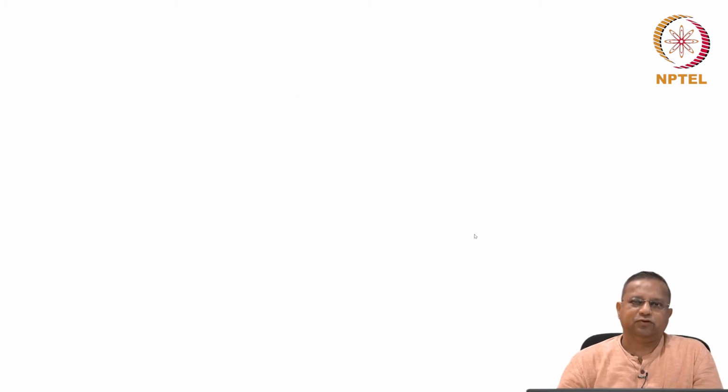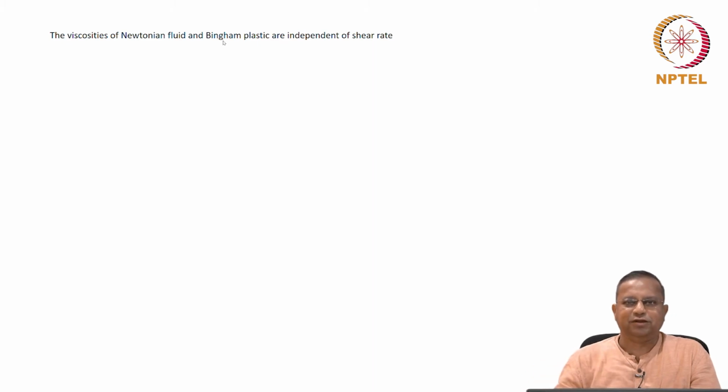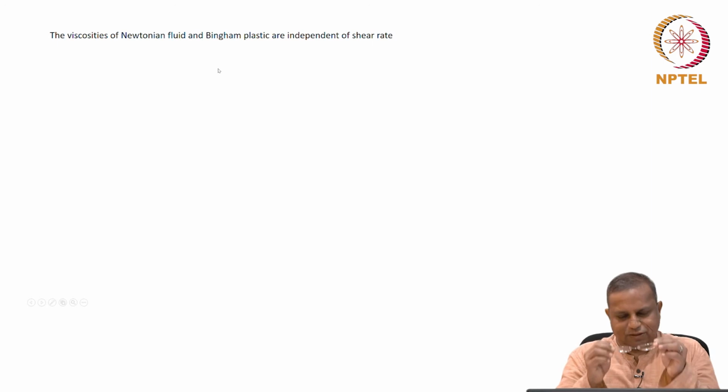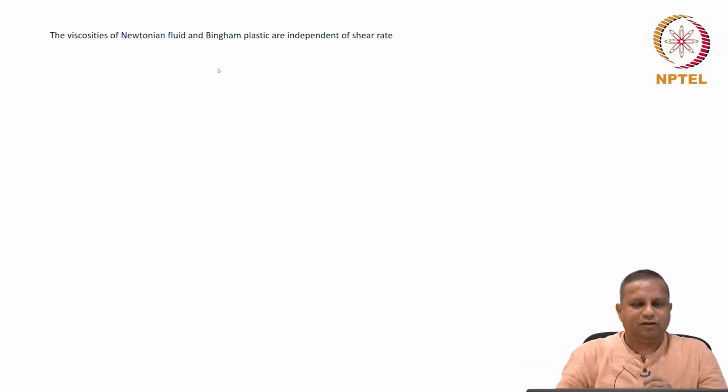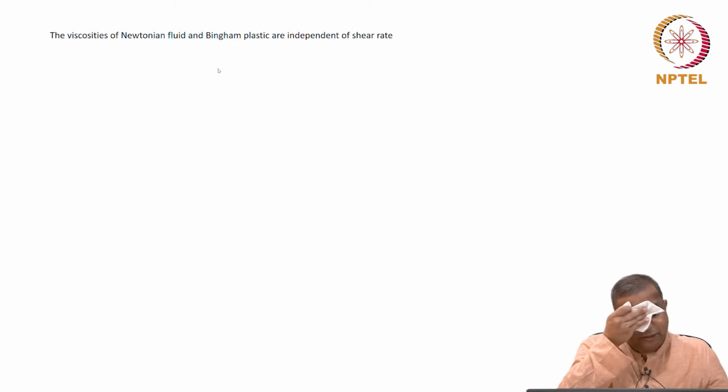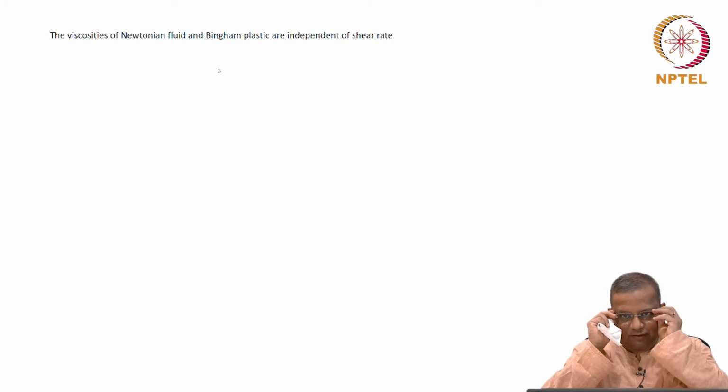Okay. So, we saw a Newtonian fluid and a Bingham plastic. Those are not the only ones there. There are many more complex fluids in nature. Blood is a very complex fluid. The viscosities of Newtonian fluid and Bingham plastic are independent of shear rate. They were constants. They were not dependent on the shear rate. However, the viscosity could be dependent on the shear rate for certain fluids.